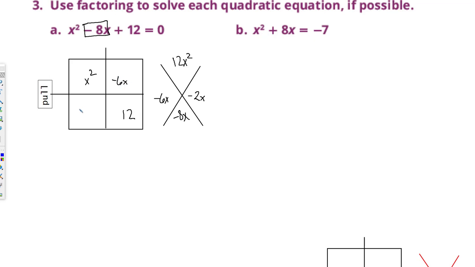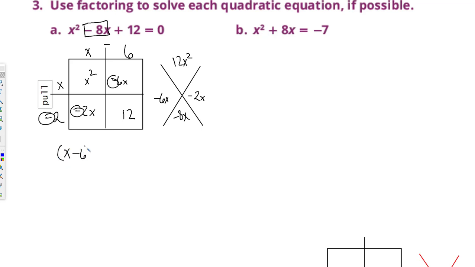So we have -6x and a -2x. This first column, an x is shared. In the second column, a 6 is shared. And my closest sign is negative. And in the first row, an x is shared. In the second row, a -2 is shared. That's negative because that sign is negative.